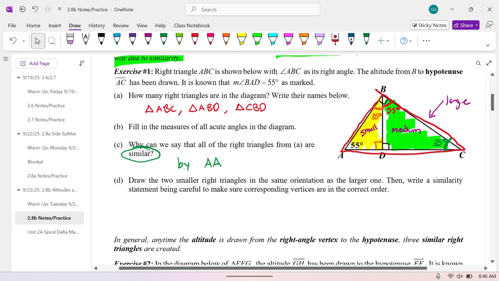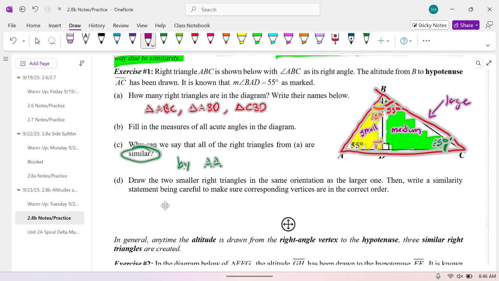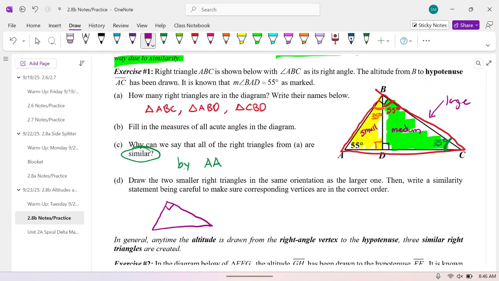Now, let's say that we draw the two smaller right triangles in the same orientation as the larger one. So the larger one is like this if we drew it separately. The right angle's here, 55 is here, and 35 is here. So this is A, B, C. That's our large one.